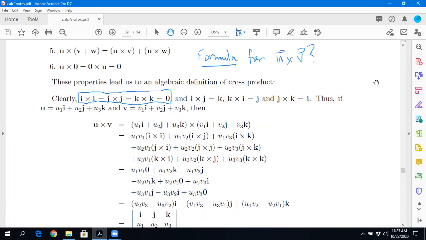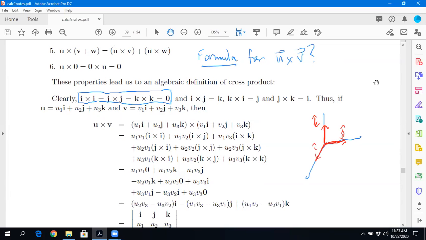Now, let me just sort of draw a picture here. What about I cross J? Okay, so think about it for a second. So here's I, here's J, and here's K. I want to compute some cross products, people.